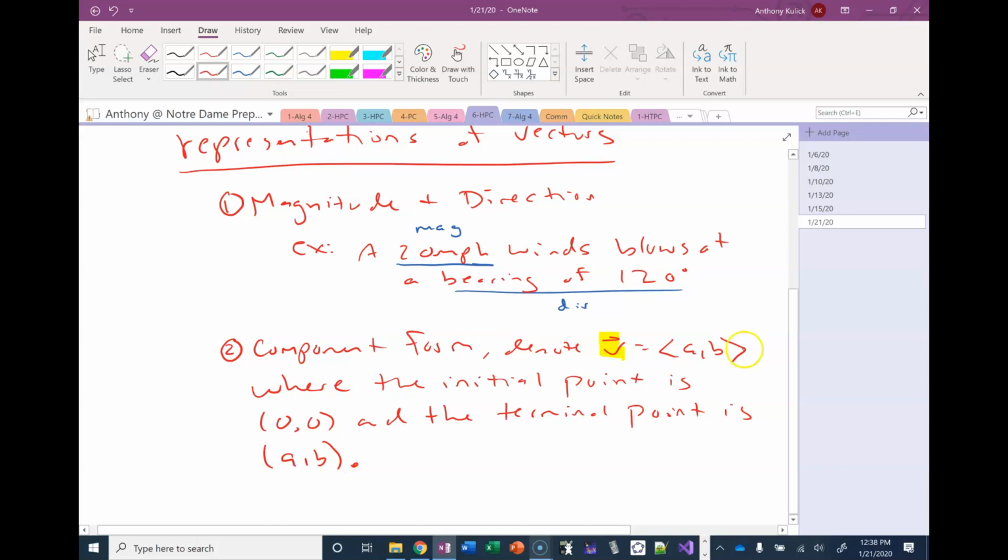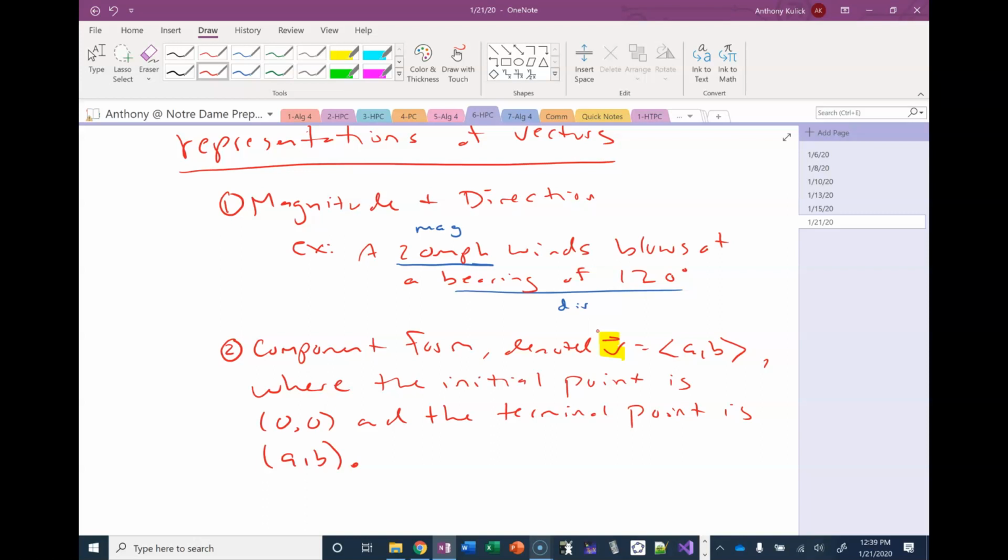So the thing to remember about component form is when we write the vector in component form, that vector AB, that tells us that the beginning of our vector happens at the origin and the end of our vector happens at the point AB. So we have to be really careful with our symbols here, right? The parenthesis AB is a point.